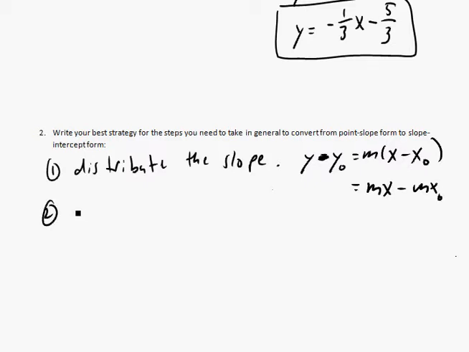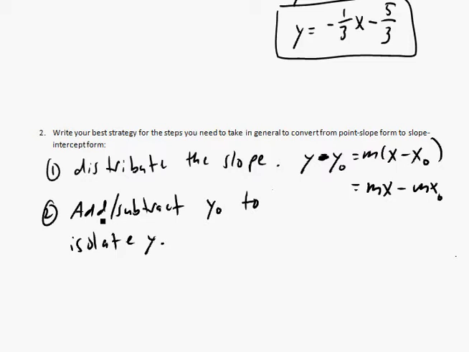Then we would add or subtract, depending on the sign of the y sub 0. We would add or subtract y sub 0 to isolate y.